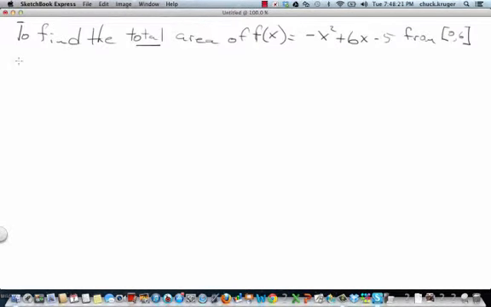Okay, so that means we're going to integrate from 0 to 6.